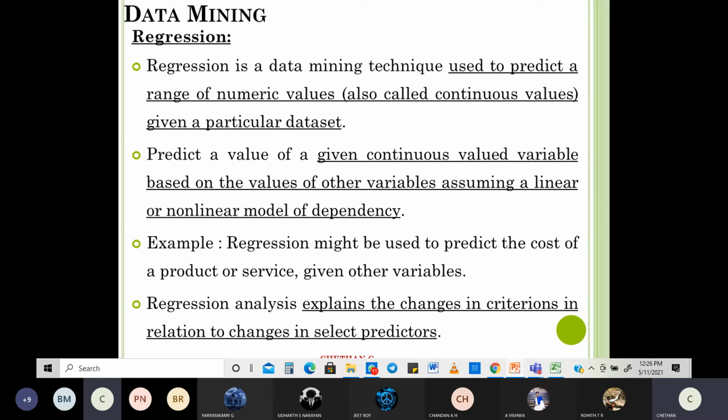For example, regression might be used to predict the cost of a product or a service given other variables. Think about your own area where you are staying. I want to predict the cost of your house 10 years down the line. What variables support that?